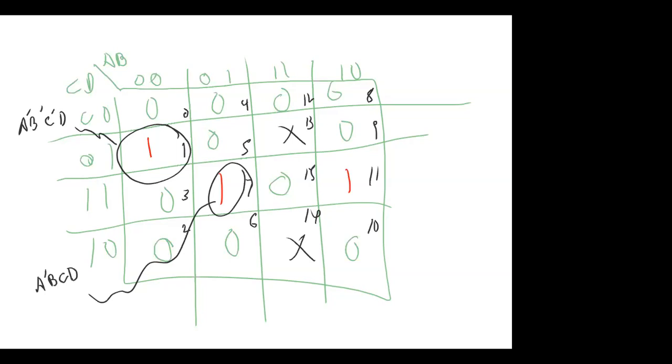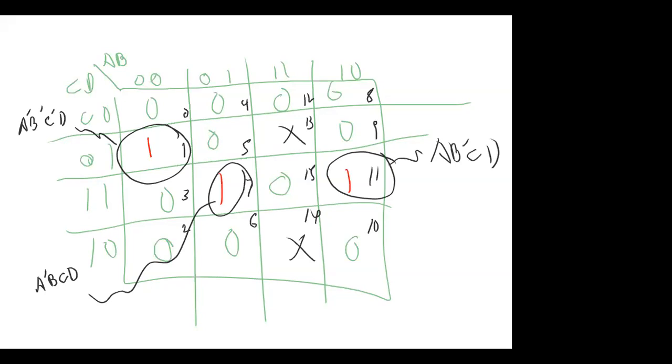And what about this other thing here, number 11? How shall that get looped? By itself. All by itself. And what's the product term there? A, B prime, C, D. So that's how you do that.